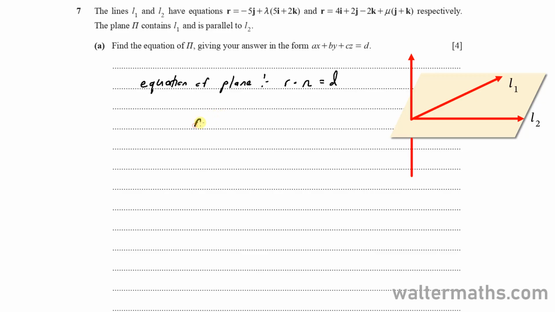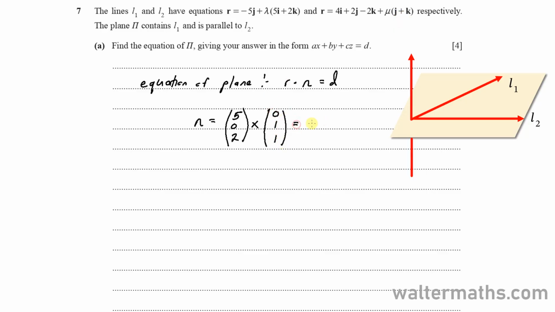For the normal n, we'll do the cross product of the direction vectors of L1 and L2. The direction vector of L1 in column vector form is 5, 0, 2. It's cross multiplying the direction vector of L2, which is j plus k, in column vector form that's 0, 1, 1.